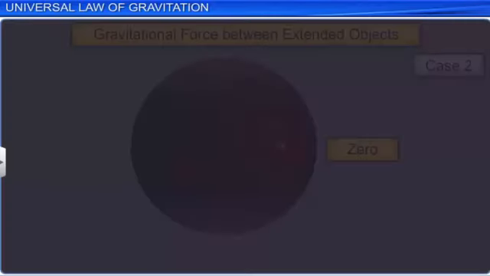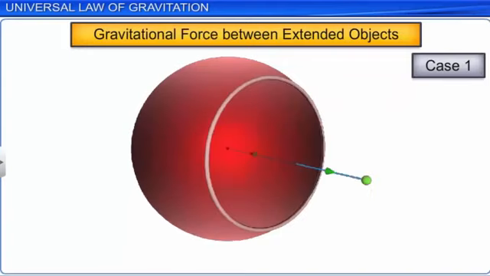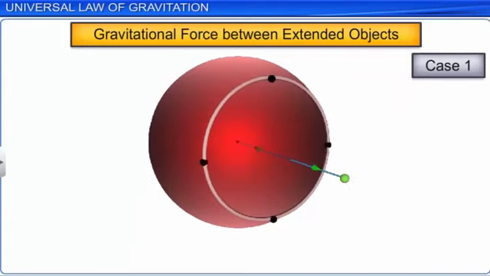The hollow shell can be considered to be consisting of several point masses along its surface. For example, consider the circular strip of the shell and the point masses on it. Gravitational forces caused by various point masses on the circular strip of the shell have 2 components of the forces, one along the line joining the point mass and the center of the shell, and the other perpendicular to it.